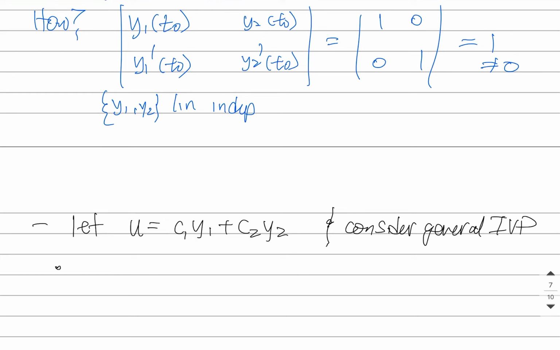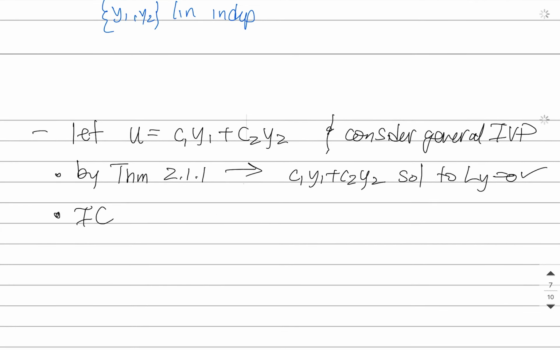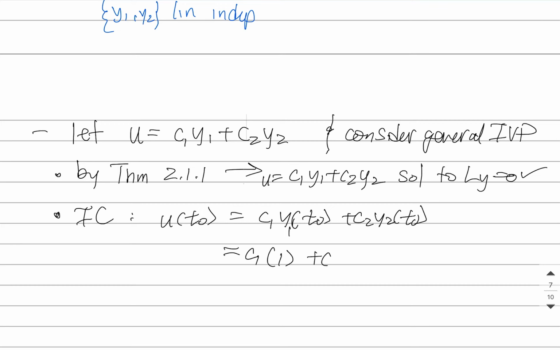Okay. So by theorem 2.1.1, I know that C1y1 plus C2y2 is a solution to the differential equation itself, right? Any linear combination of solutions has to be a solution. If I were to take y at t naught, I will get C1y1 at t naught plus C2y2 at t naught. That's going to give me C1 times 1 plus C2 times 0. That's going to give me C1. It has to be that.